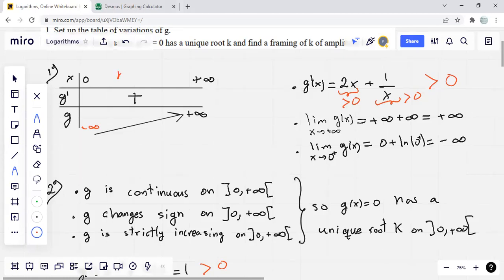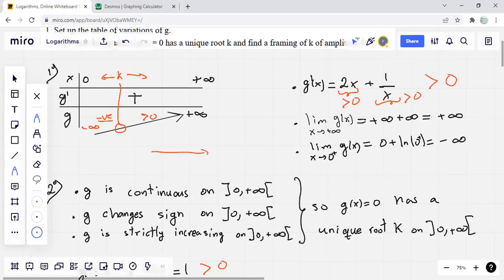At k, we know that g is equal to 0. So when x is greater than k, g becomes positive, and when x is less than k, g becomes negative. Why? Because it crosses the x-axis at k.